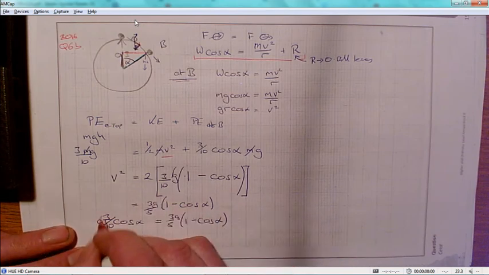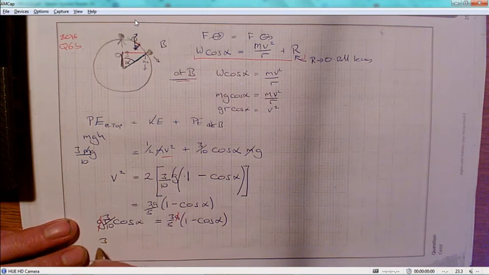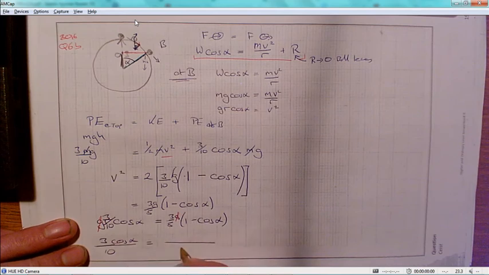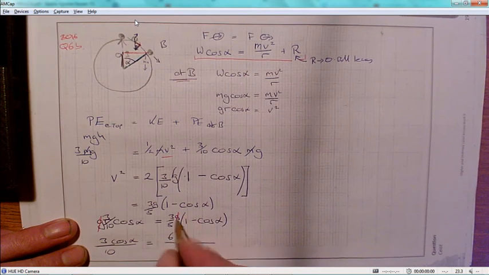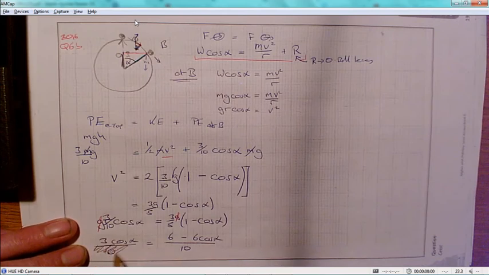There's a g on both sides, I'll get rid of that. So I'm left with 3/10 cos alpha is equal to 3/5. Well, let's just make it tenths to make it easier. So 6/10 by 1, 6 minus 6 cos alpha. So I can forget about that.